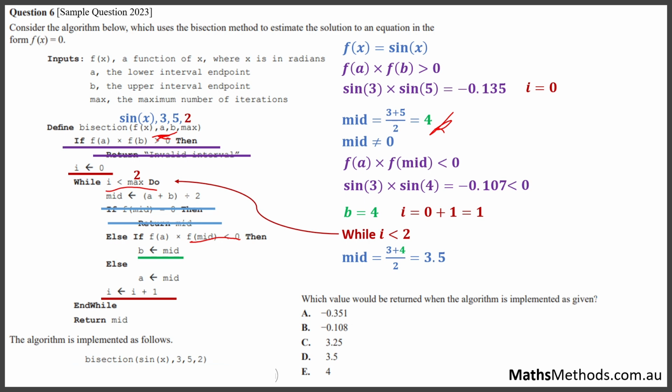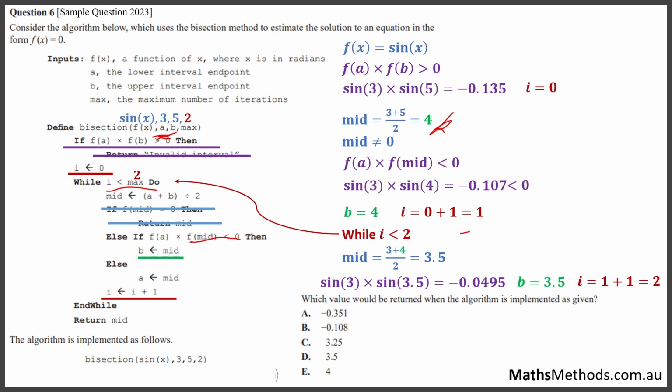So we're going to go back to that mid formula. In this case, it's going to be 3 plus 4 divided by 2, because b is now 4. And that gives us 3.5. Okay, and sine 3 times sine 4 equals this. And then we find out what b is going to be, 3.5, because we've already assigned that.